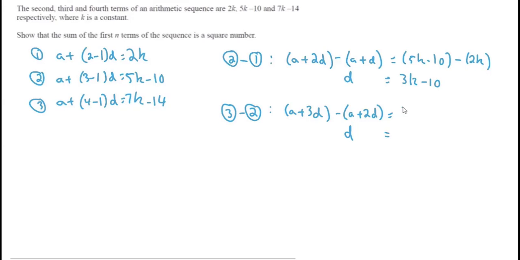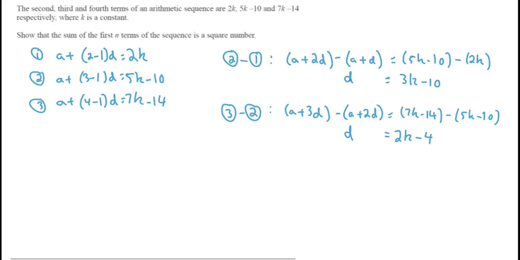And on the right-hand side you have 7k minus 14 minus the 5k minus 10. 7k minus 5k is 2k, minus 14 minus minus 10. Minus of a minus becomes a plus, so minus 14 add 10 leaves us with minus 4.